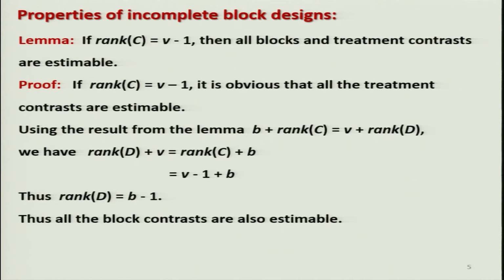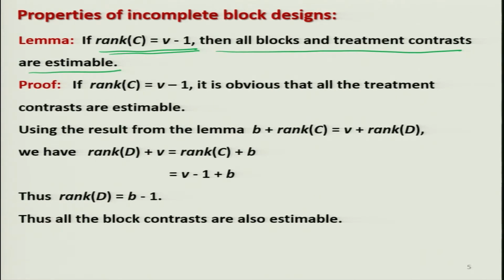But now, in case I take a particular value of the rank of C, let us see what happens, and for that we have one result in the form of this lemma: if rank of C is equal to V minus 1, then all block and treatment contrasts are estimable. Right.